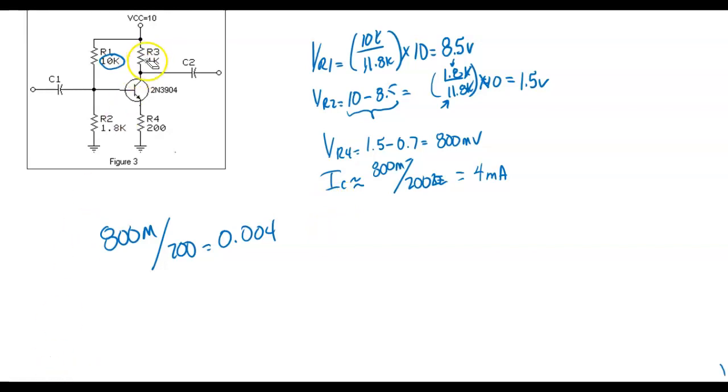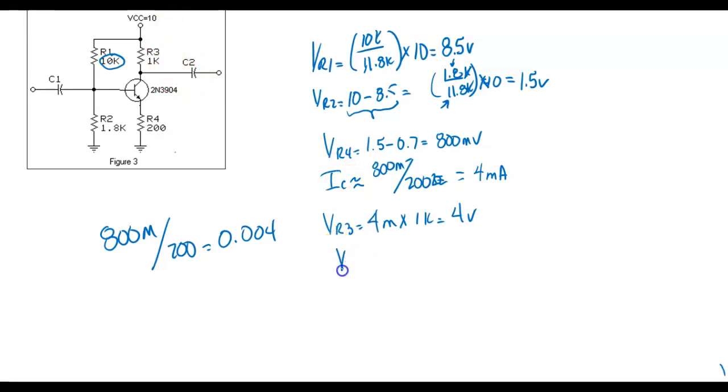So 4 milliamps. Then what can I do with this? I can calculate the voltage drop across R3 now, right? So VR3 would be equal to 4 milli times 1K, which gives 4 volts. Now we've got about everything we need, right?